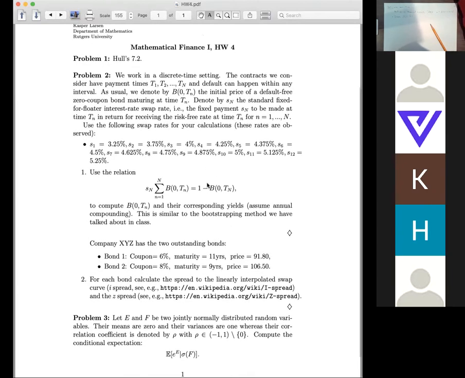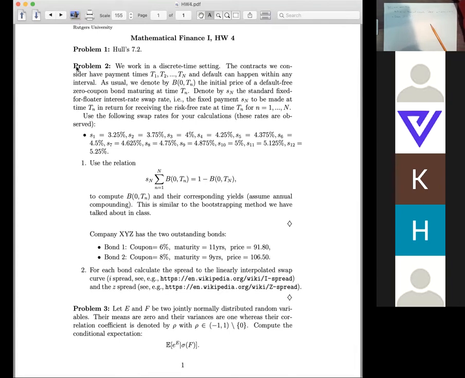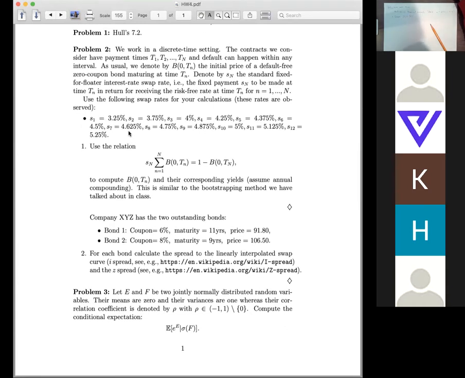The big problem in homework number 4 is problem number 2. What I put in there was some data, coming from the swap that we're going to be talking about. You're being asked to use this data and the bootstrapping method that we talked about last week, and then you're being asked to create spreadsheets and work with this data.